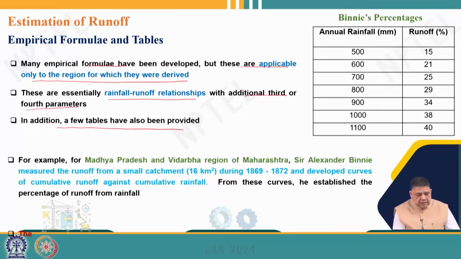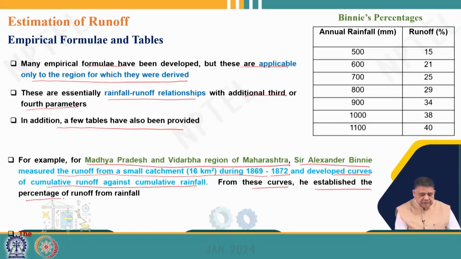For example, for Madhya Pradesh and Vidarbha region of Maharashtra, Sir Alexander Binney measured the runoff from a small catchment during 1869 and 1872 and developed curves of cumulative runoff against cumulative rainfall. From these curves, he established the percentage of runoff from rainfall. This is popularly called Binney's percentage.